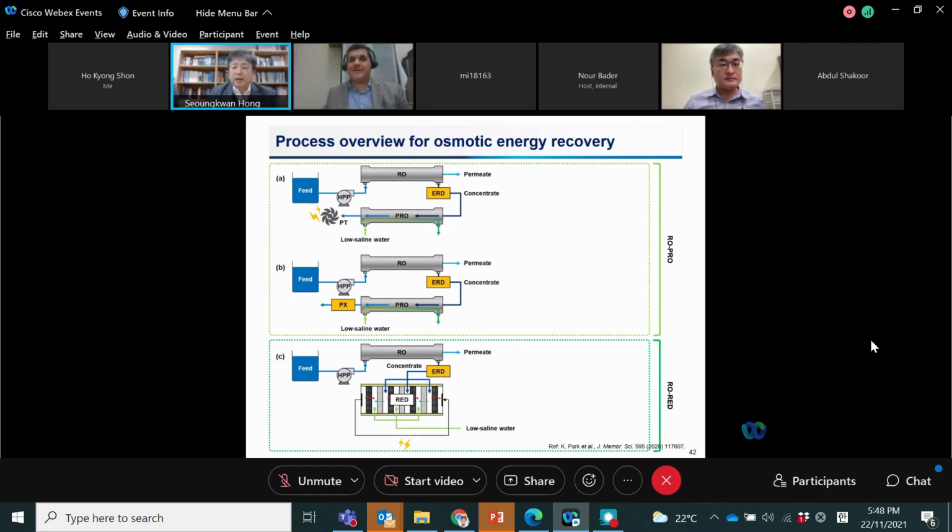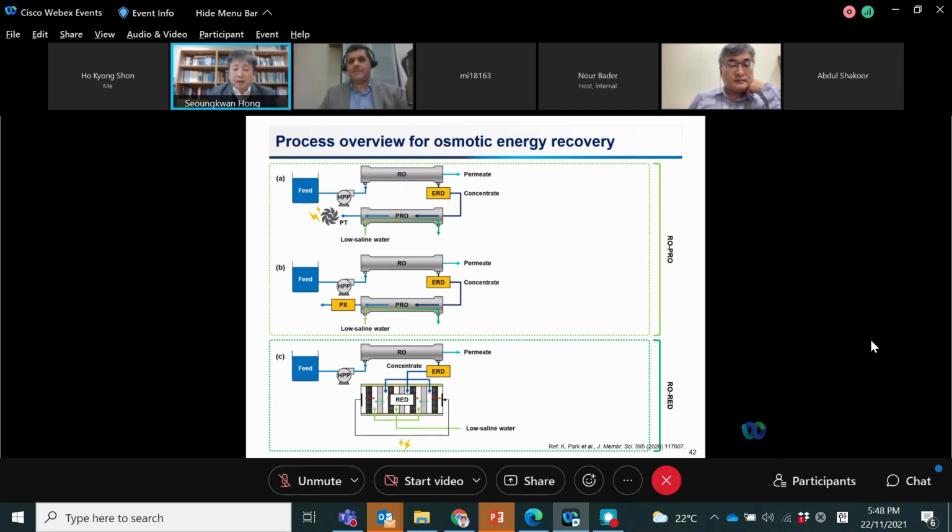This diagram addresses the matter of disposal and extracting energy by using the concentrate. PRO, pressure retarded osmosis, generates energy by utilizing the salinity gradient. As a result of the process, the original high saline solution is diluted, and its osmotic energy is converted to hydraulic energy, which can generate electricity when used in a hydroturbine.